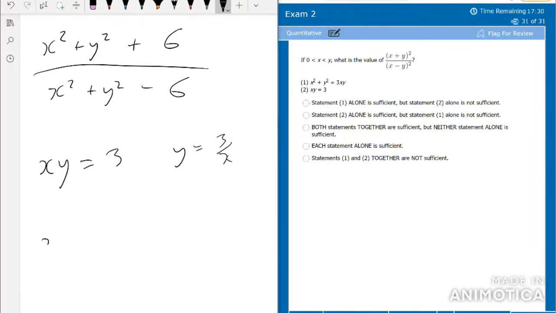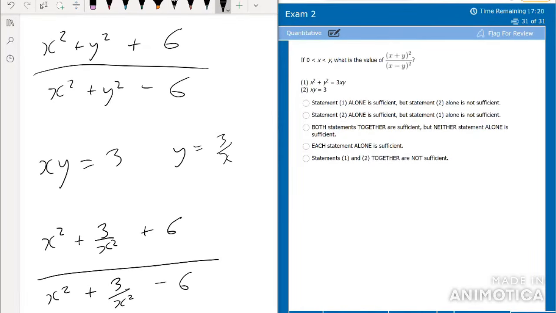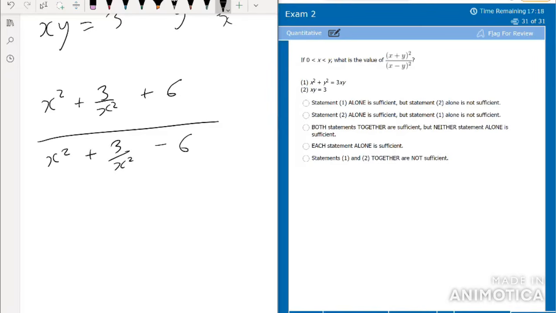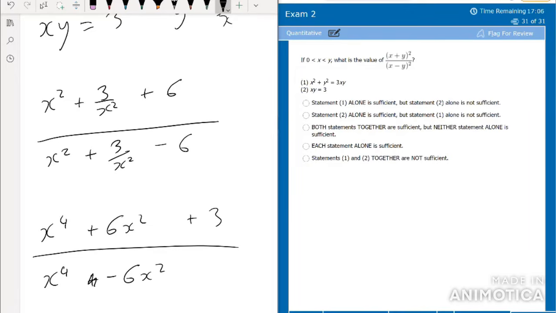And so we've got x squared plus 3 over x squared plus 6 over x squared plus 3 over x squared minus 6. Multiply top and bottom by x squared, I guess. x to the 4 plus 6x squared plus 3 over x to the 4 minus 6x squared plus 3.